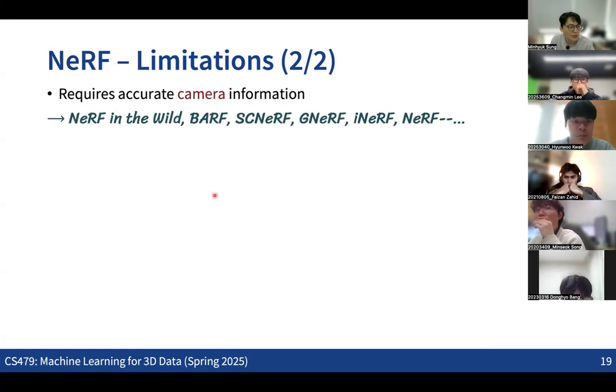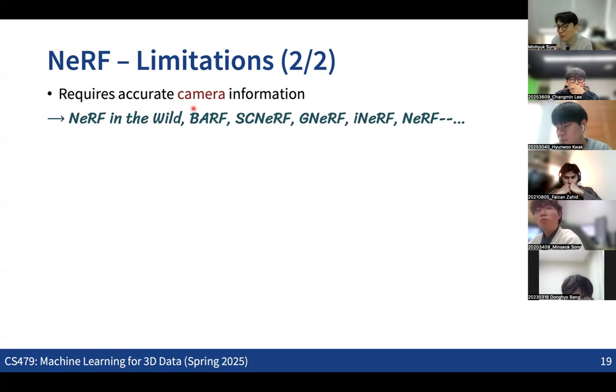And also, the neural radiance field obviously requires accurate camera information. So we first need very accurate camera information for each view. Also for the 3D rendering contest, if you do something based on neural rendering, you will see that the most important part is to first get precise camera pose information.